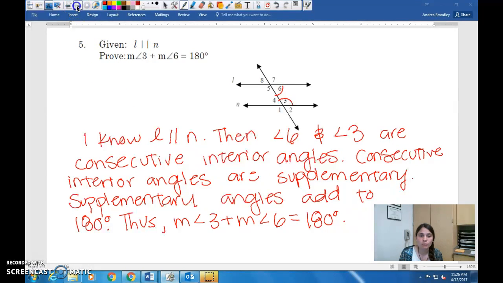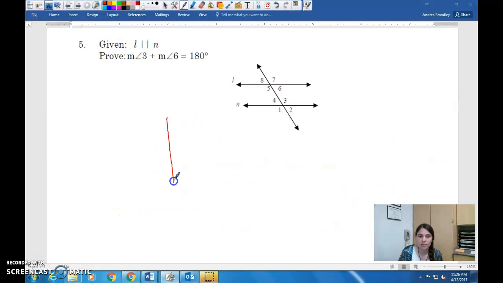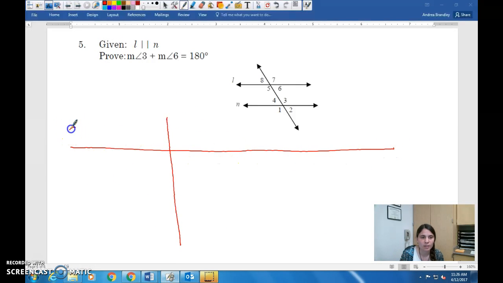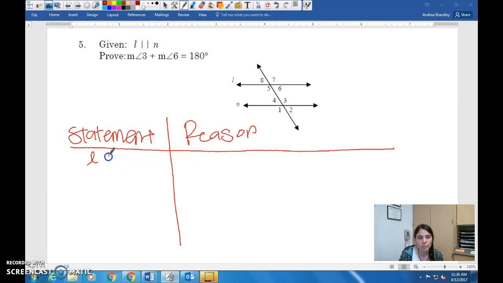I can do that same proof in a 2-column method. So I have my 2 columns, I have my statement, and I have my reason. So I'm going to start with what's given again. So L is parallel to N, and that is given.